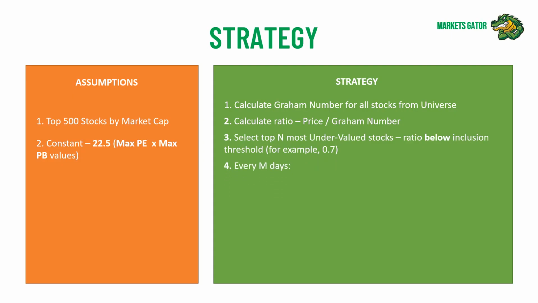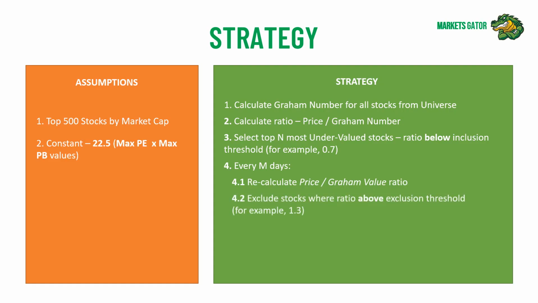Then, every M days, for example every 1 month or 1 quarter, calculate Graham number and price to number ratios. Exclude from the portfolio stocks where the ratio is above our overvalued threshold. Let's start with 1.3. Replace excluded positions with new undervalued stocks. For example, if 3 positions are dropped, we'll need to find another 3 stocks whose ratios show that they are undervalued and add them.